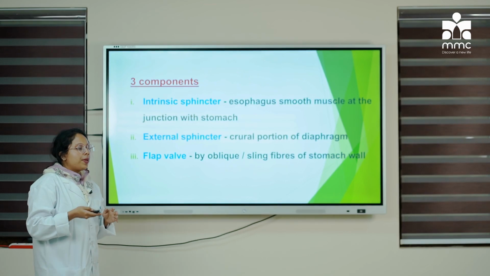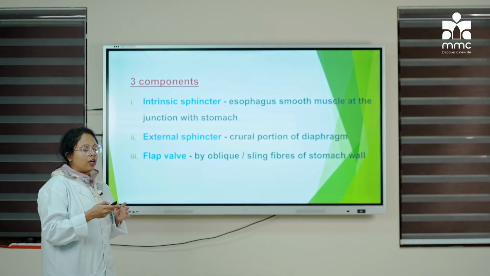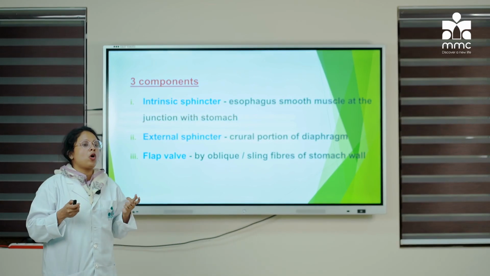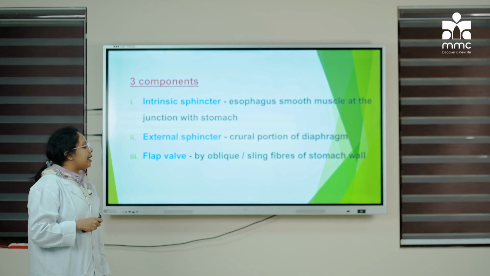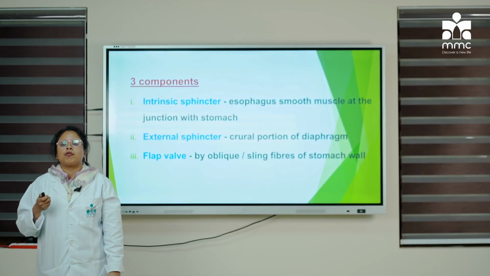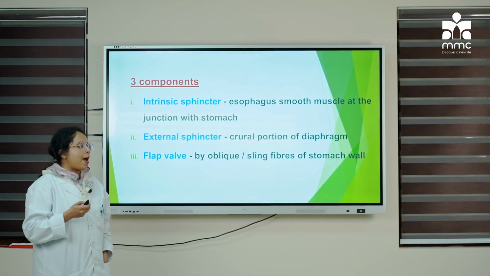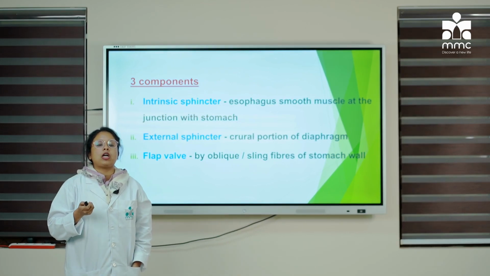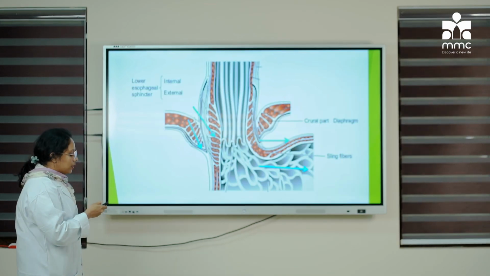Then, what are the components of the lower esophageal sphincter? It has an intrinsic sphincter, which is formed by the smooth muscles of the esophagus. Then it has an external sphincter, which is formed by the crural part of the diaphragm, and third, it has a flap valve, which is formed by the sling or oblique fibers of the stomach wall. This is shown in this picture.